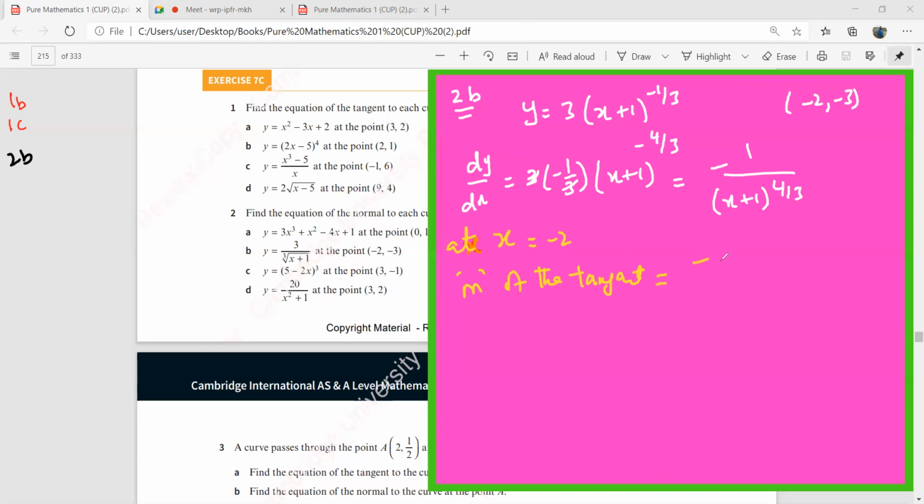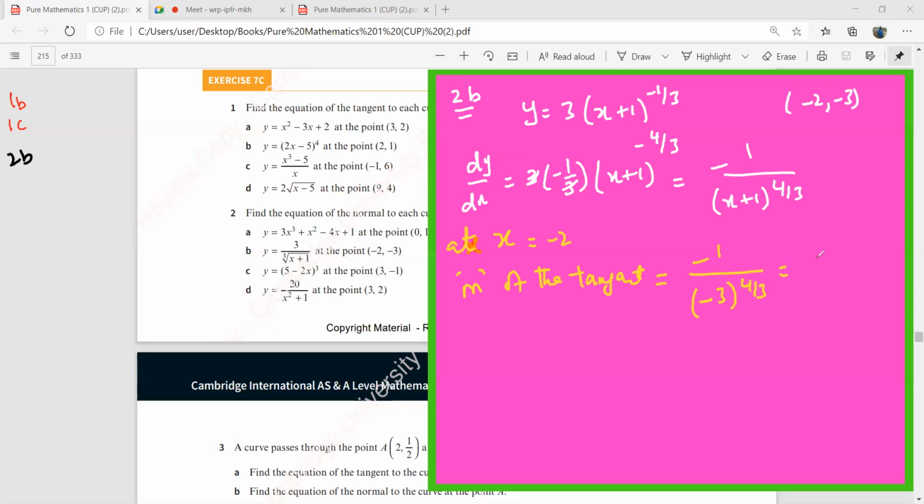So this is going to be minus 1 over (minus 2 plus 1, which is minus 3) raised to power 4 by 3.